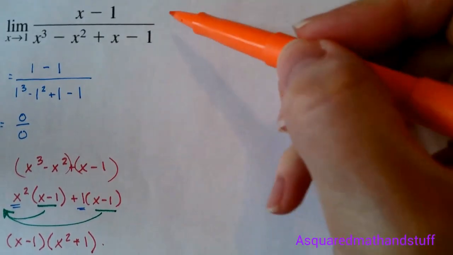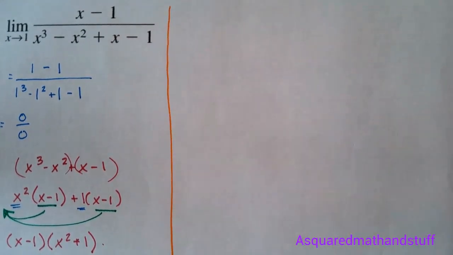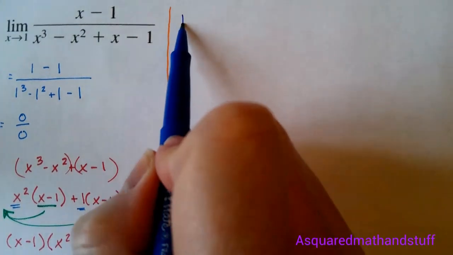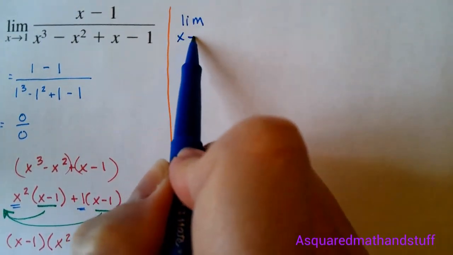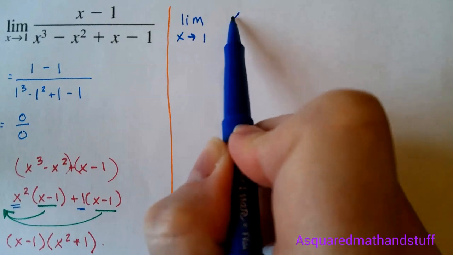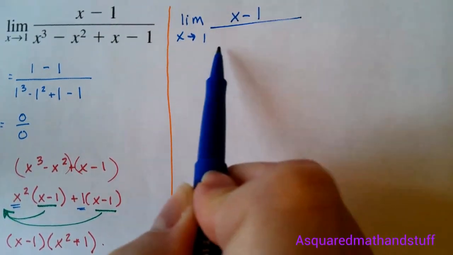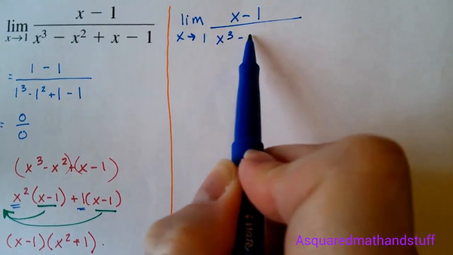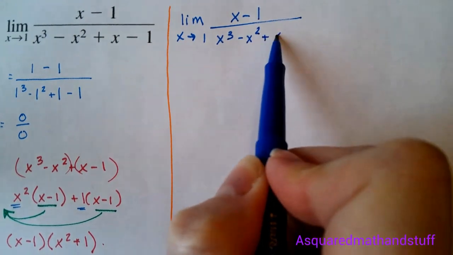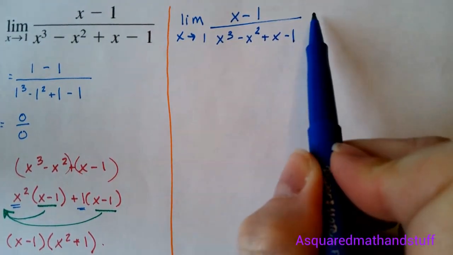Let me draw a line down the middle here again so I can separate my work, and I will rewrite the limit as x approaches 1 of x minus 1 all over x cubed minus x squared plus x minus 1.